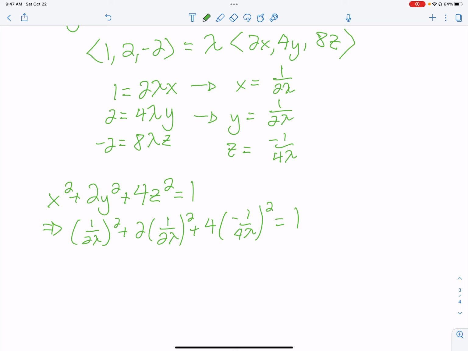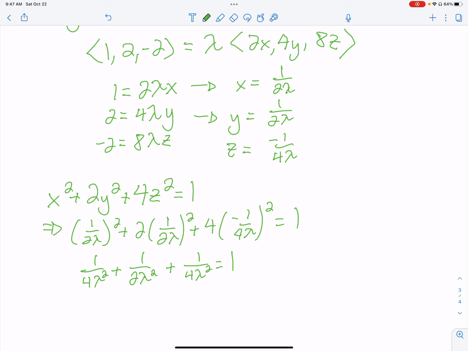I'm going to work this out. So I got 1 over 4 lambda squared plus 1 over 2 lambda squared, oh, these are squared, and then the last one's going to be a positive 1 over 4 lambda squared. This still equals 1.